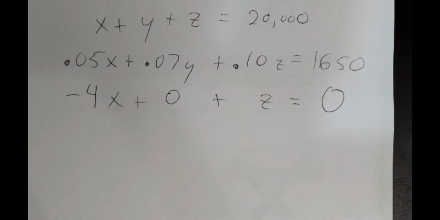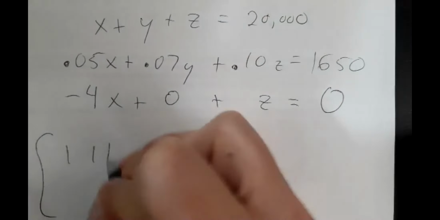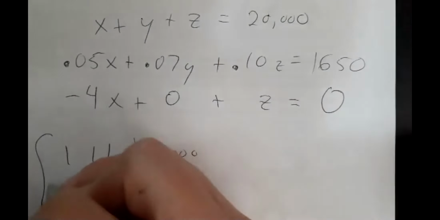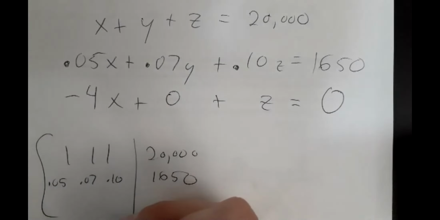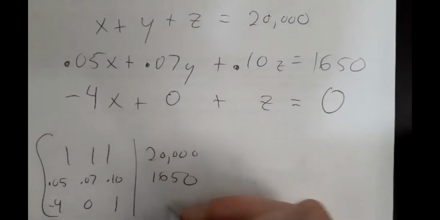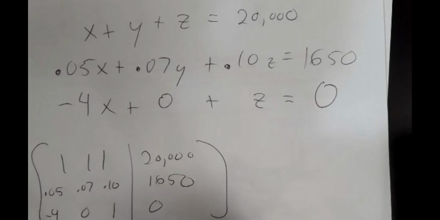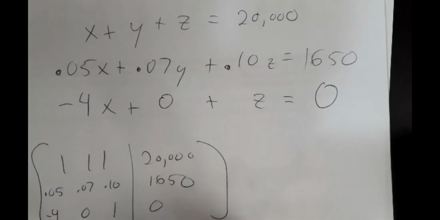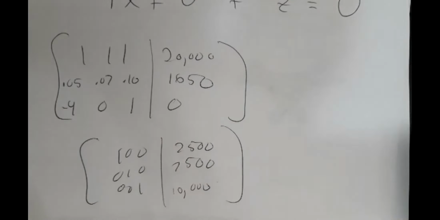Let me write the matrix out. 1, 20,000. So that should be the matrix you plug in. The row reduced echelon form should be spitting you back this thing.